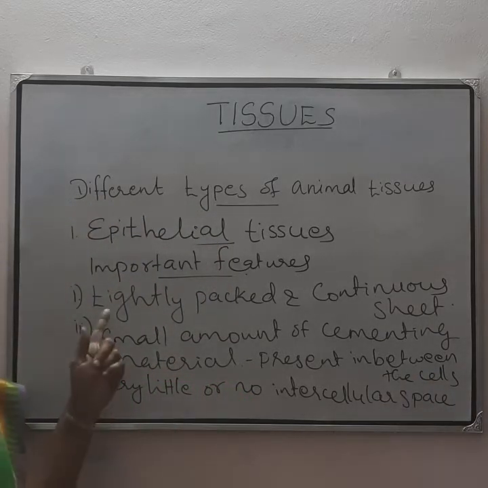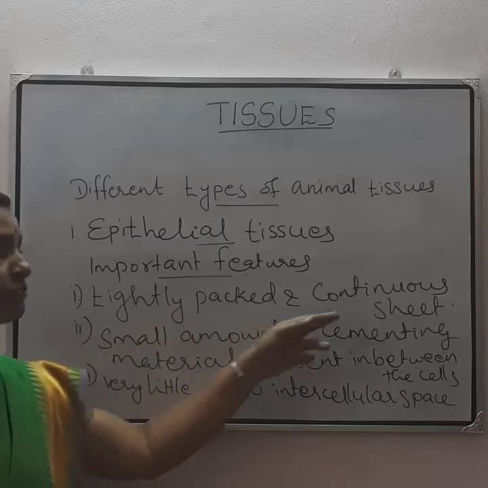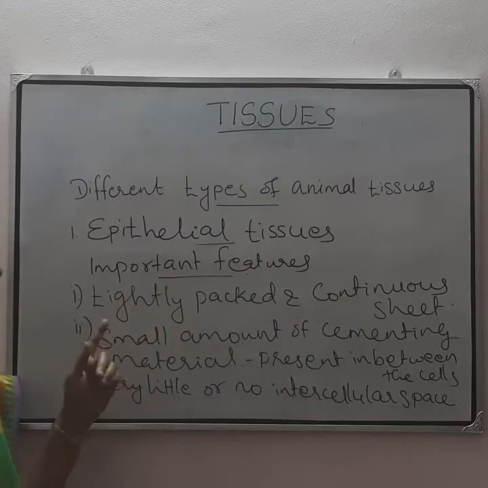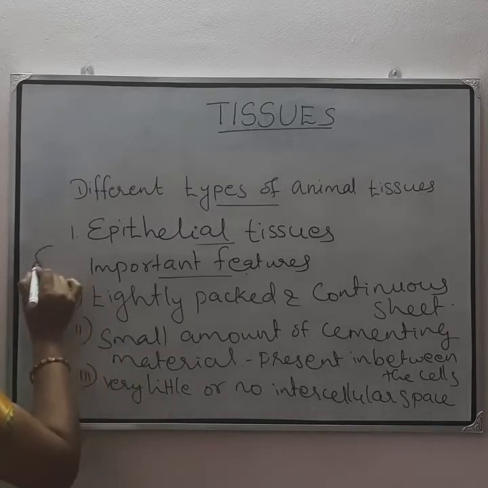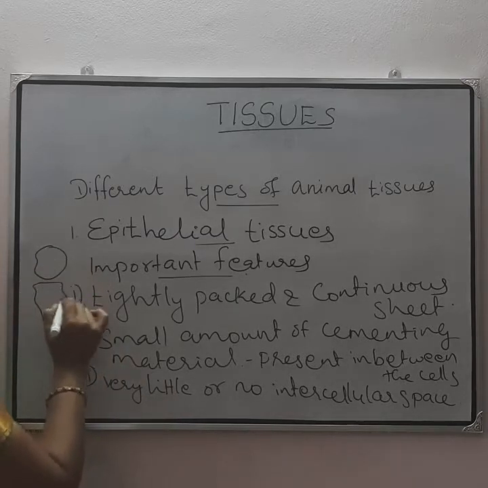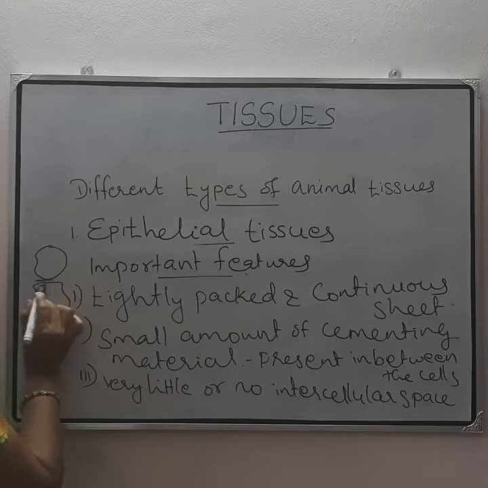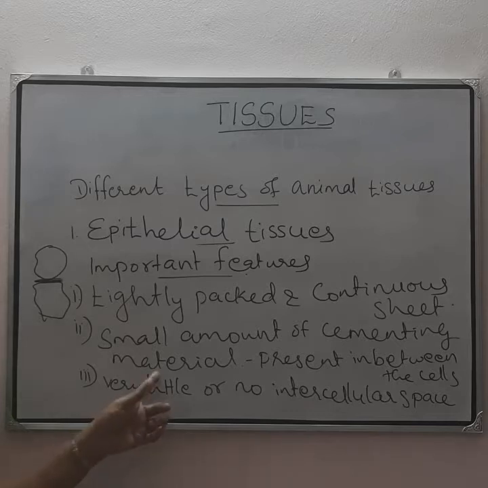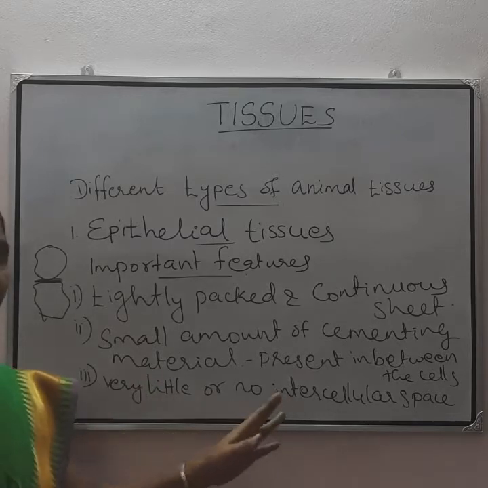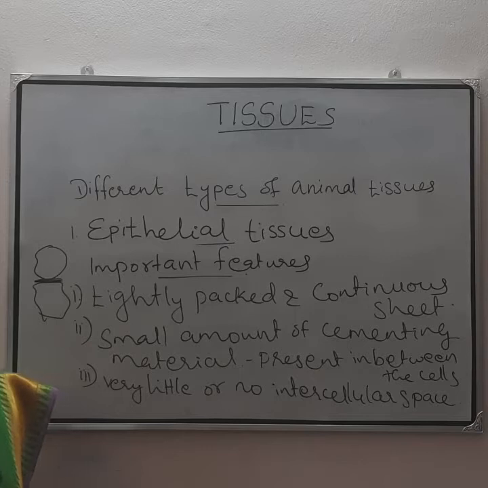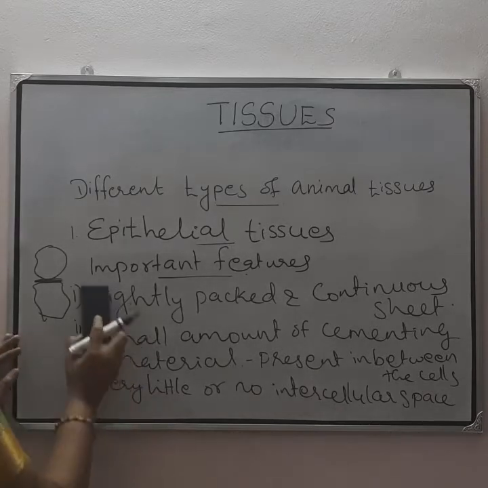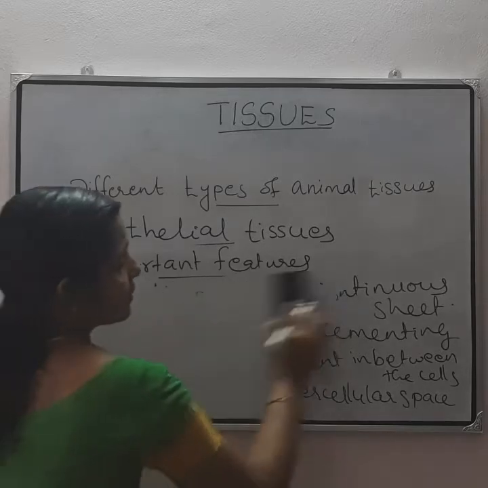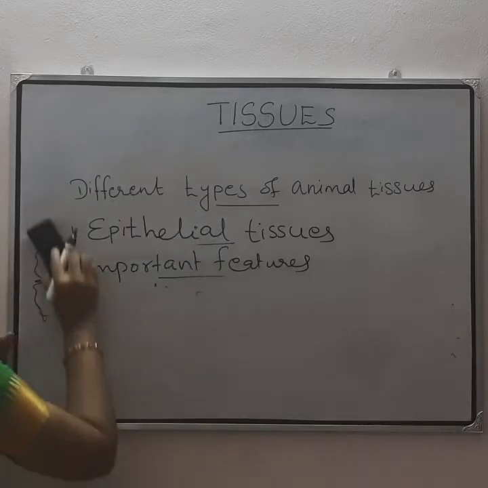Once again, the cells are tightly packed and form a continuous sheet, and there is a small amount of cementing material present in between the cells. Suppose this one is a cell and here is another cell. In between these cells there is a small amount of cementing material, and very little or no intercellular space is present in between the cells. Then another feature is that a basement membrane is present.